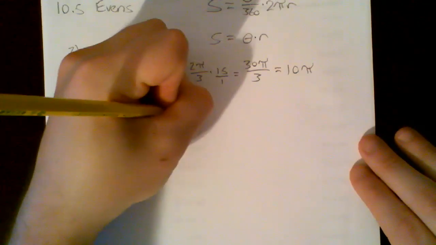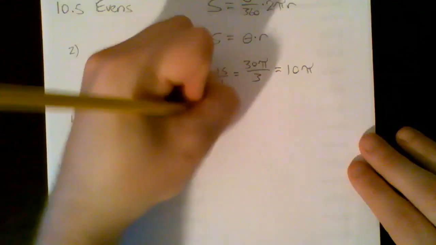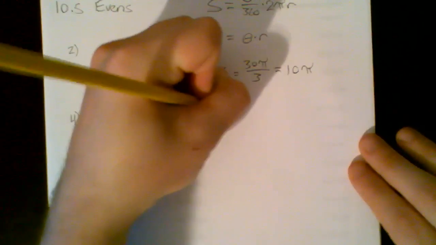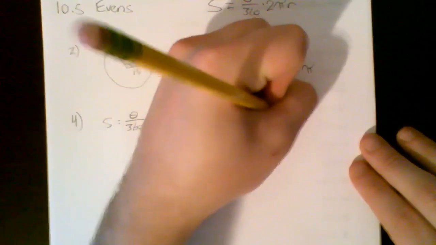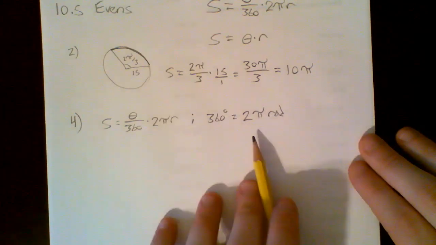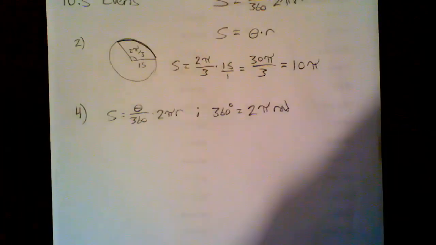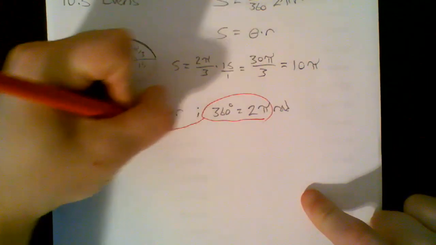Well, just as a side note, we know 360 degrees is equal to 2 pi radians. So we're going to use this conversion. Basically what we're doing is we're going to substitute this right here.